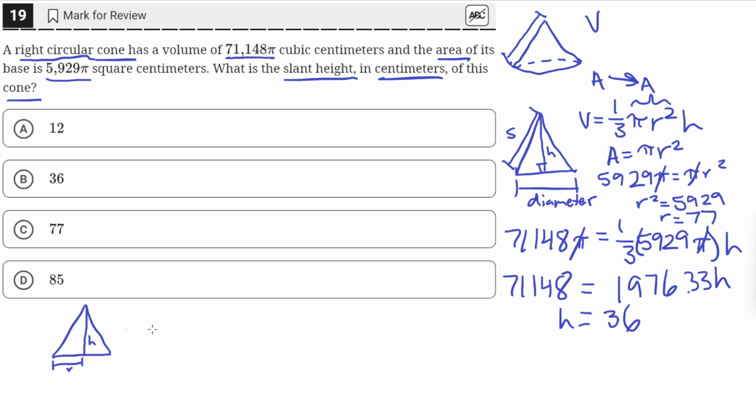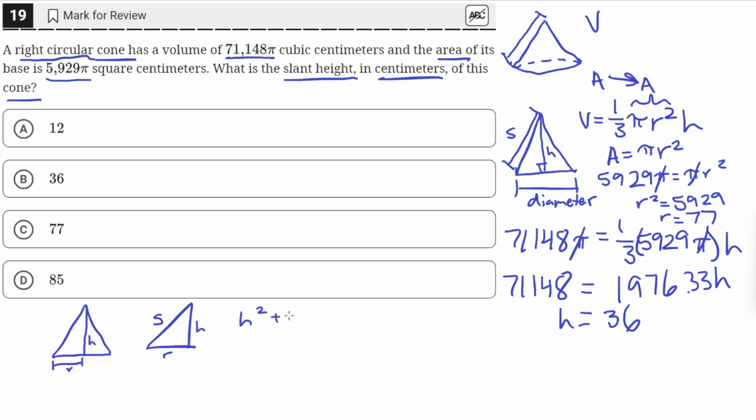So we have two sides of a triangle. We have a triangle with r as the base and h as the height. Then we can easily solve for the value of s, which is the slant height of this cone.